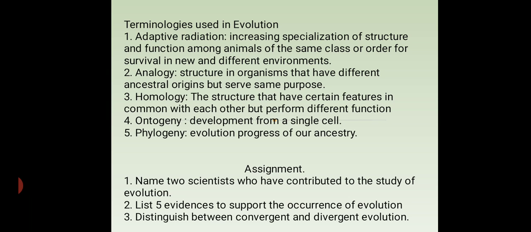The limbs of dog is used for running, while the limbs of man is used for movement, and so on and so forth. Ontogeny. This is the development from a single cell in an organism. The last one is phylogeny. This is the evolution progress of our ancestry. The evolution progress of our ancestry is known as phylogeny.